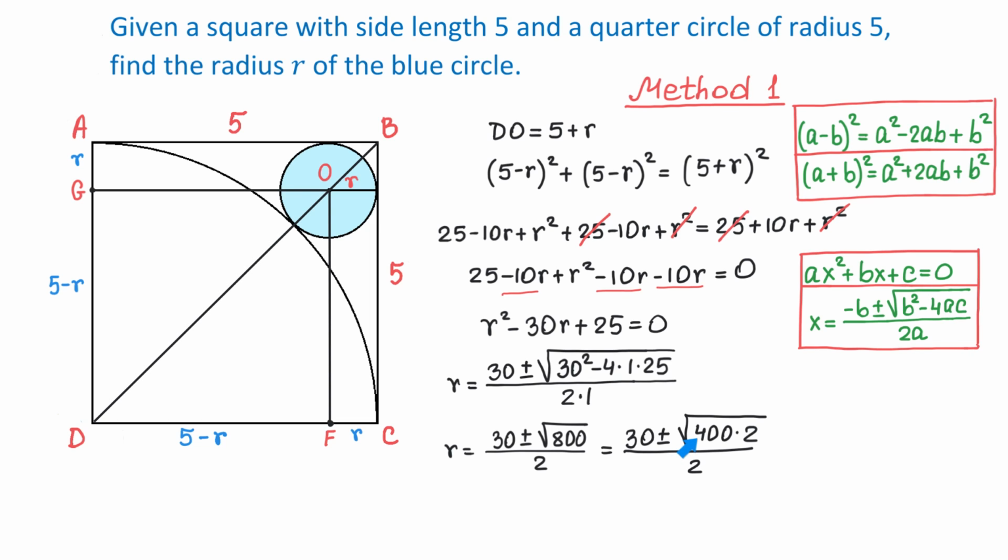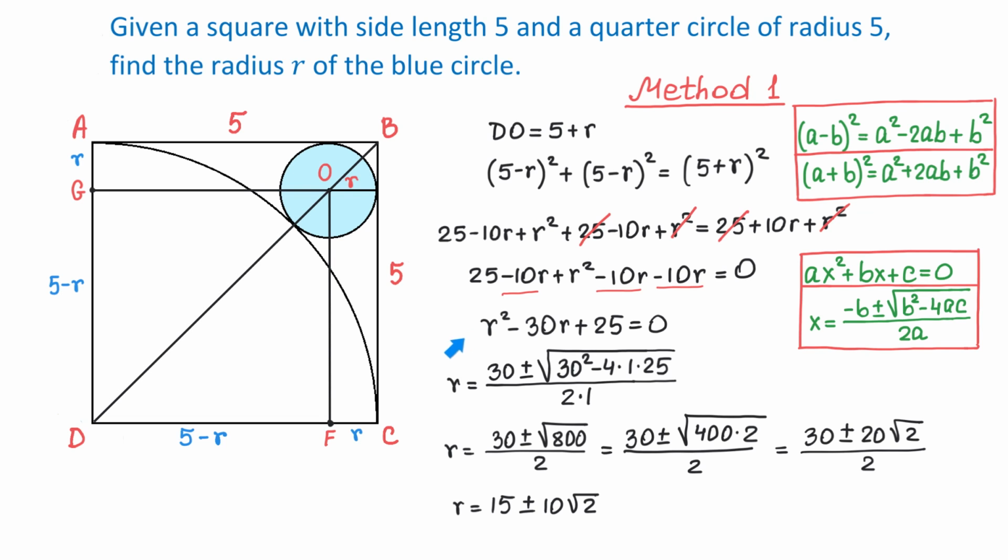Square root of 400 is 20. Then we will write 30 plus or minus 20 square root of 2 all over 2. Then 30 divided by 2 is 15, and 20 square root of 2 divided by 2 is 10 square root of 2. Then r equals 15 plus or minus 10 square root of 2.